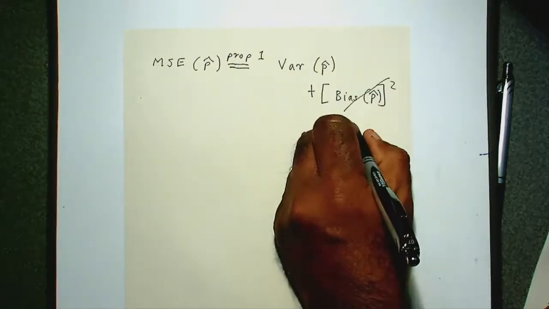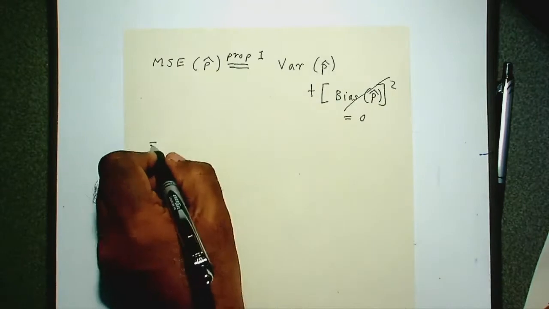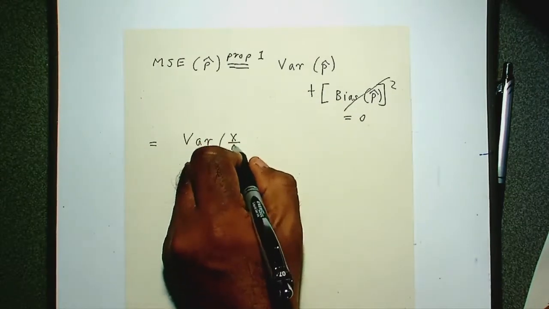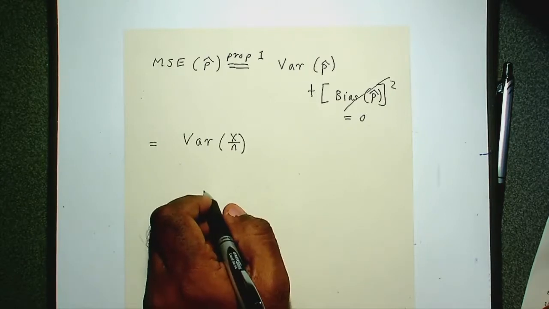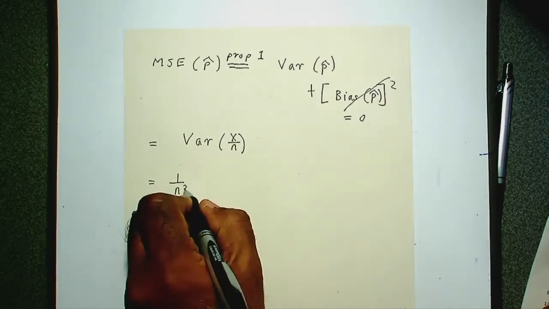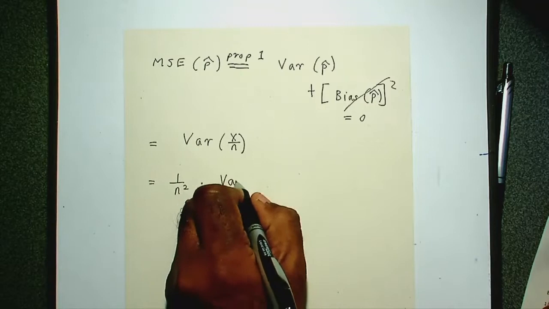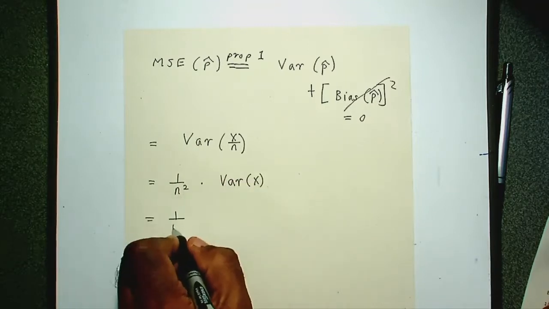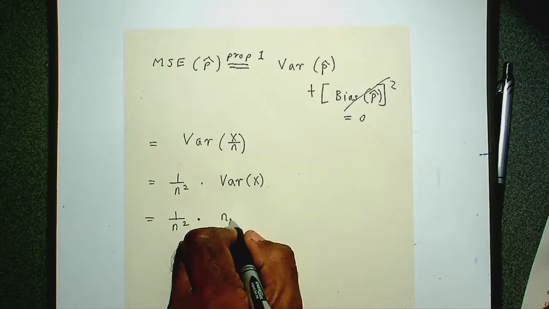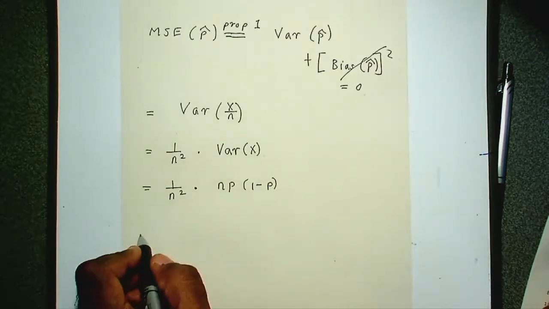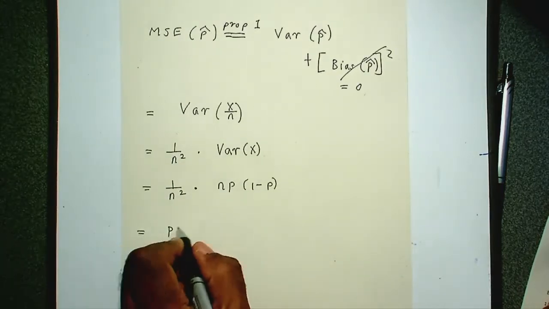And this guy is 0, so this is the variance of x by n, which is 1 over n squared times the variance of x, which is 1 over n squared times n p times 1 minus p, which is p times 1 minus p over n.